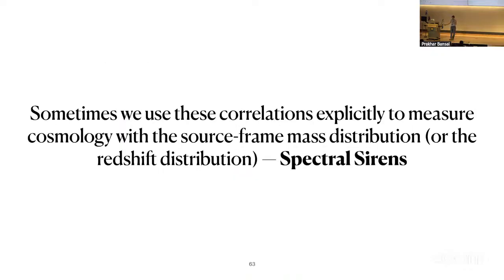Okay, and I'll just say that this is actually the whole point of spectral siren cosmology. We use these correlations between cosmology and source frame mass and distance to explicitly measure cosmology using the mass distribution.